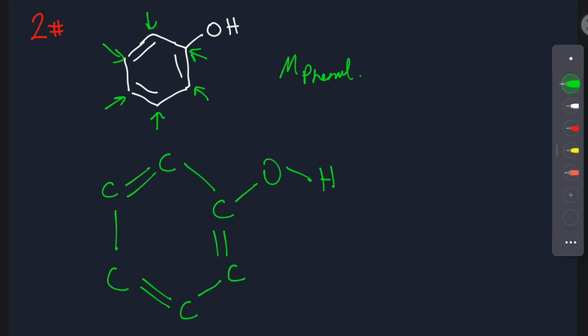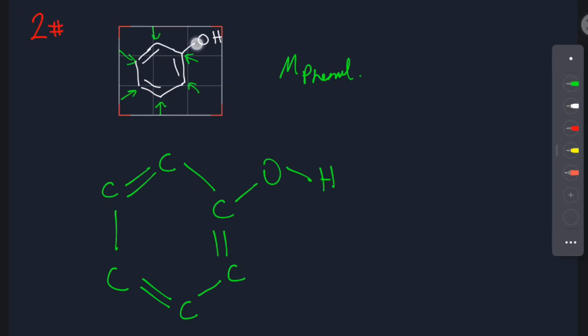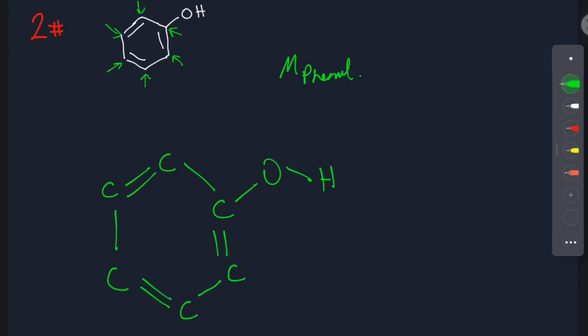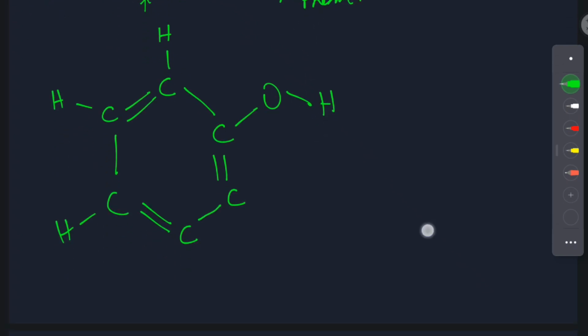Carbon makes 4 bonds, so we have hydrogen for the carbons. But we don't have hydrogen for this carbon. The reason is that this carbon has already made 4 bonds, so there is no hydrogen for this carbon.